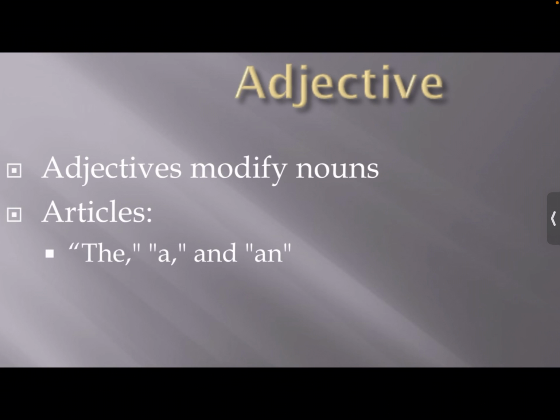Next we have adjective. Adjective in Arabic is الصفة. What is an adjective? Adjectives are words that describe or modify other words. Adjectives make your writing and speaking more specific and a whole lot more interesting.